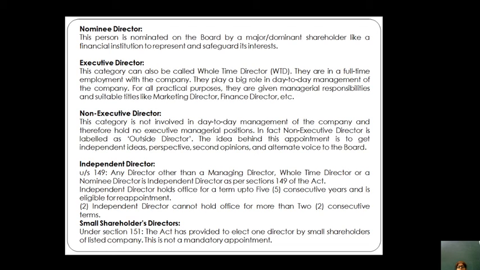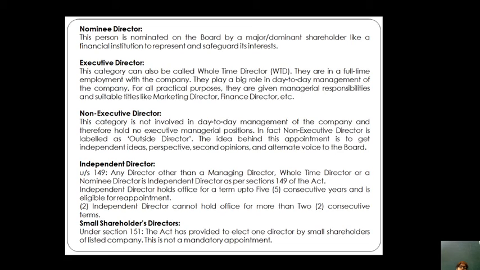For all practical purposes, they are given managerial responsibilities and suitable titles like marketing director, finance director, etc. In multinational companies, in the corporate world, there are certain departments that are such big departments that there is a requirement of a special director for that particular division. So if it is the marketing department, then for that department there will be a special director, and those directors are called executive directors.